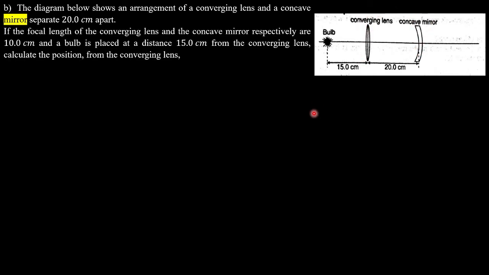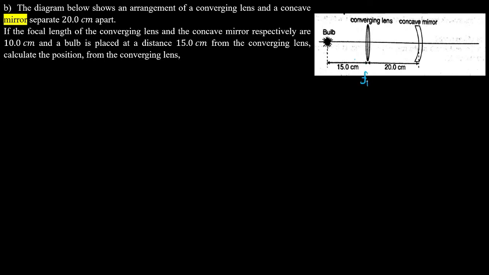From the questions, we know that the converging lens and concave mirror both have a focal length equal to 10 cm. So for both, they have positive f. Write that down here first.